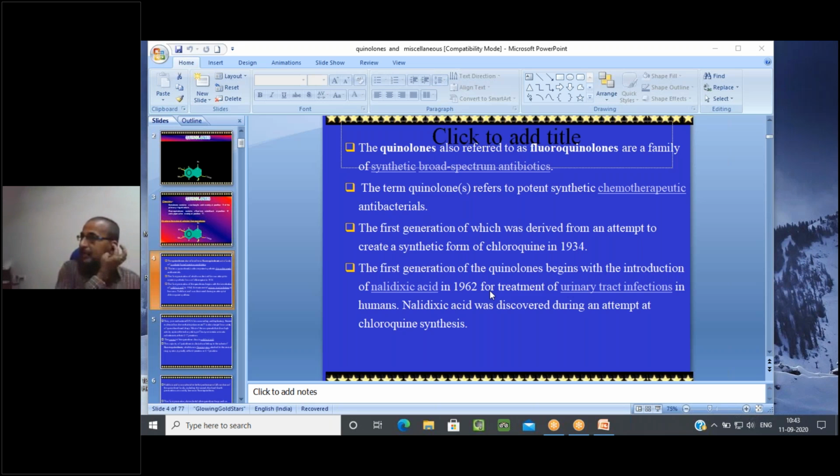By various experiments on other groups of drugs, they came to know of new product formation with new kinetic and dynamic actions. So the first quinolone is nalidixic acid. By modifying its structure, you will get new products.